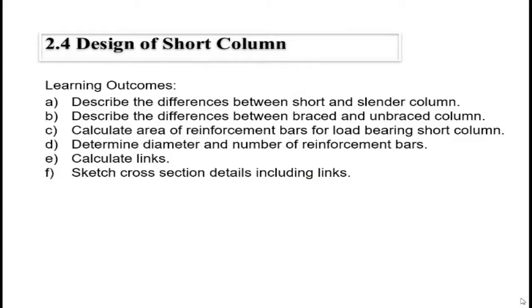For each short and slender column, the column can be braced or unbraced. Then C, D, E, and F are already covered in the tutorial. For this lecture session, we will go to the theory only.